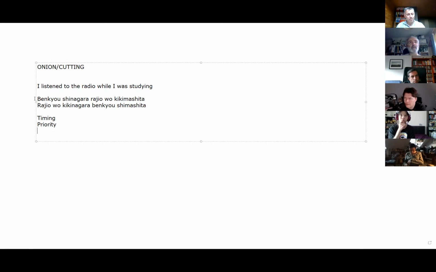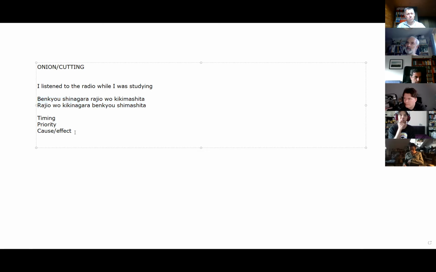So in this case, Benkyou shinagara radio kikimashita puts the emphasis on studying, right? This is the main task. Yes, okay. So there's also a cause and effect. I should also say, with these ones, if it's not actually all that determined which is the main task and which is the subtask, then these can go around either way.